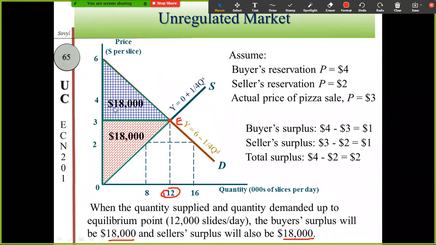The blue area is the total. The earlier case was only one unit, so you got one surplus for one unit. But this is up to 12,000 slides at equilibrium. Is there only one buyer? No, all buyers buying pizza together. Only one producer? No, there are many companies producing and supplying pizza, and all of them get surplus.